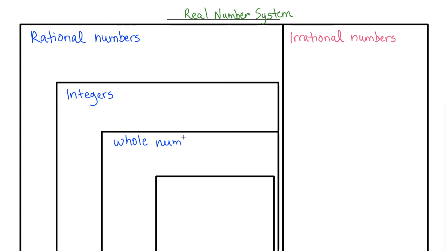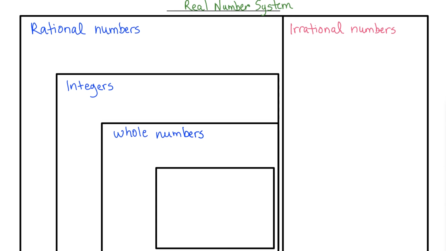And inside of this box, we have something called natural numbers. So this natural numbers box is inside of the whole numbers box, which is inside of the integers box, which is inside of the rational numbers box, which is a real number.